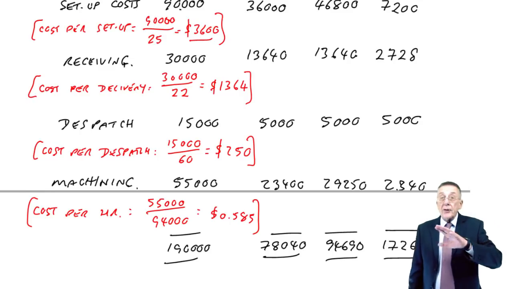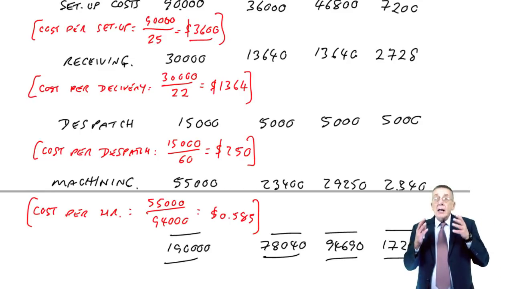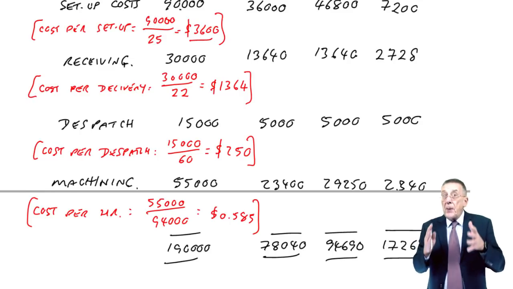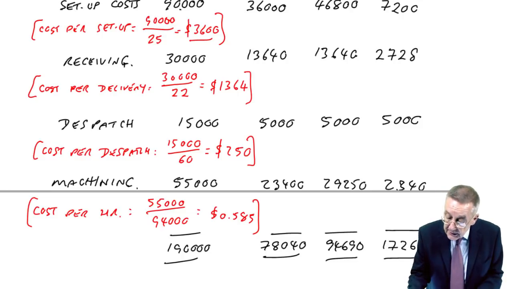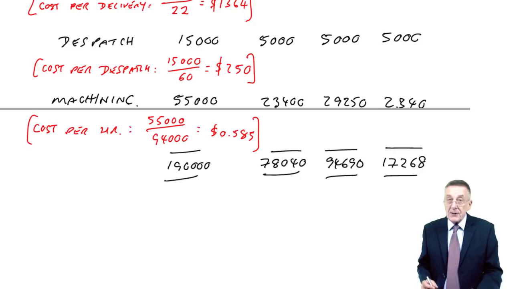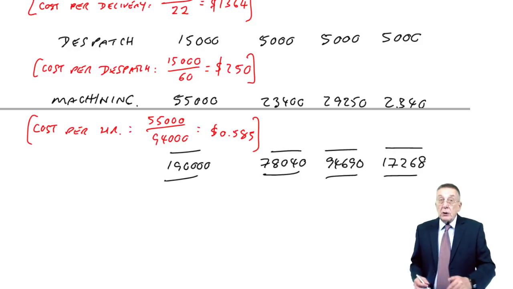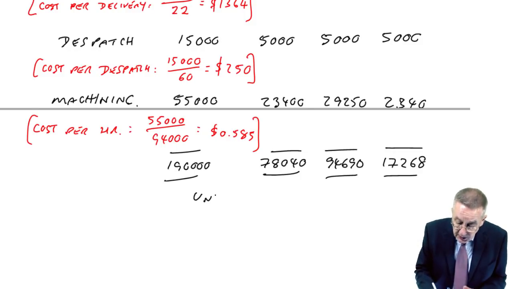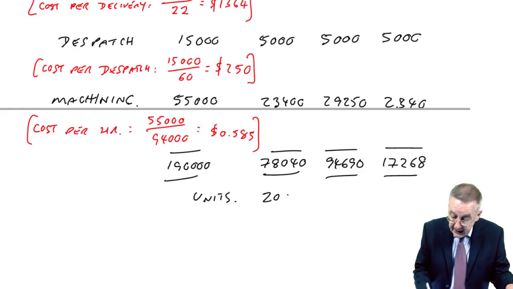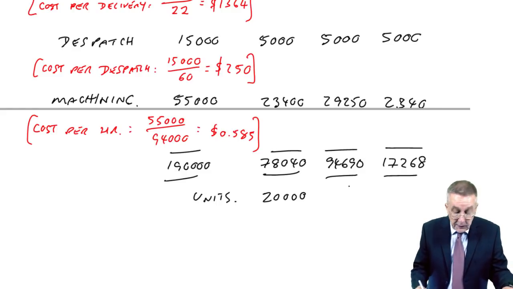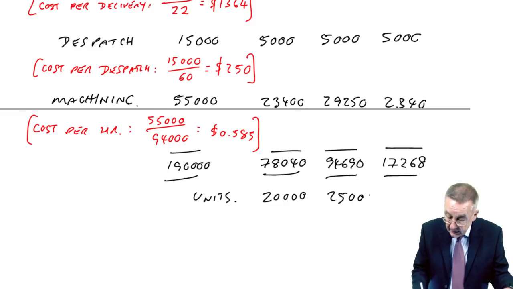But we're not quite there, because remember, on the cost cards, I want the overhead cost per unit. And so the final step in our workings, we know the total cost for each. How many units are we making of each? A, if you look back at the question, was 20,000 units, B 25,000 and C 2,000.